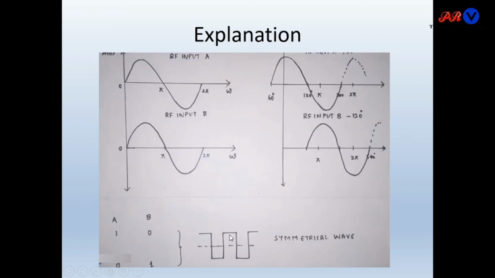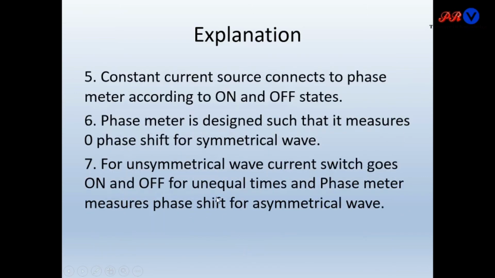T on may be high, T off may be low, or T on may be low, T off may be of high value. So, the switch goes on and off for unequal times, and the phase meter now measures phase shift for the asymmetrical wave, or it will directly give you the phase shift between the two input signals.